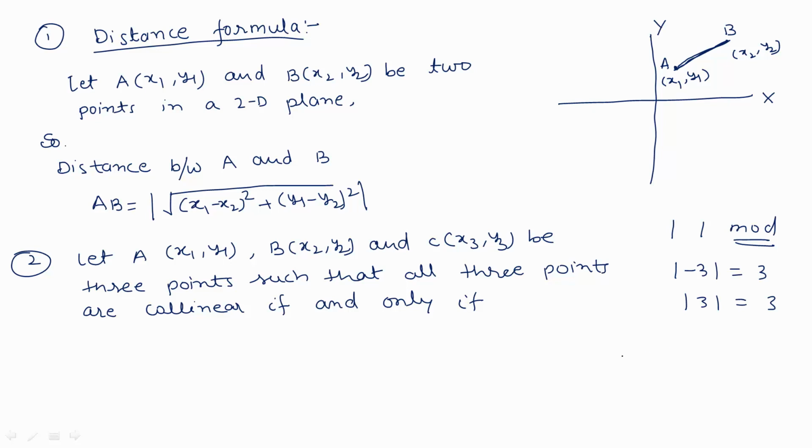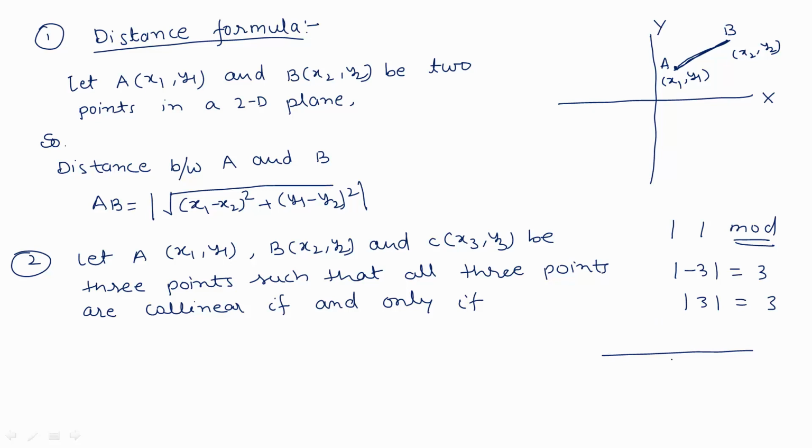Suppose this is a line. By using 3 points, we can draw a triangle. But the question is, all 3 points are collinear, means all 3 points lie in a single line.